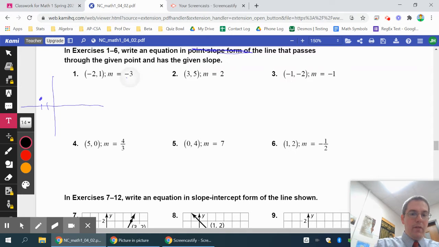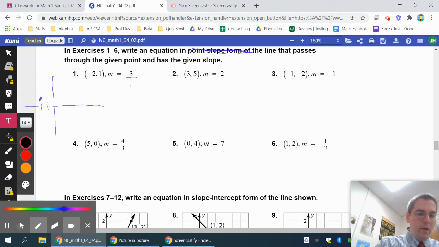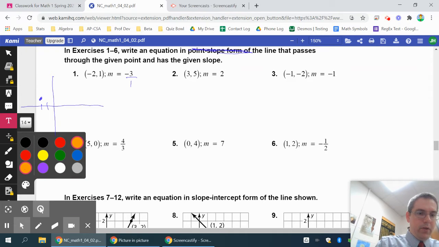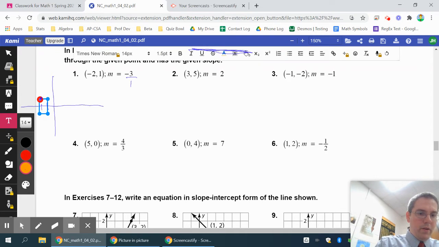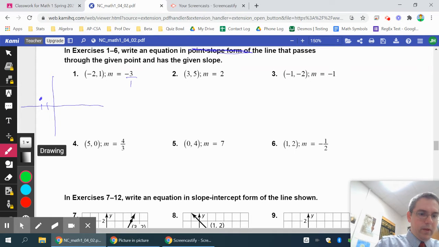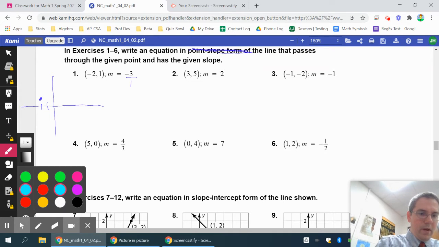Then with a slope of -3, that's the same thing as -3 over 1. So to graph that, I'm going to go down 1, 2, 3, and over 1. And then that gives me this value.